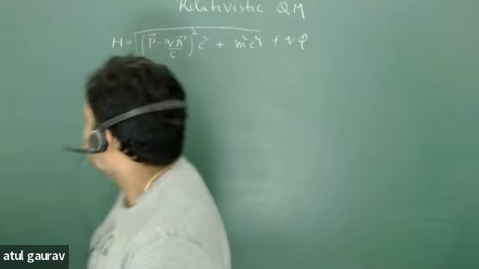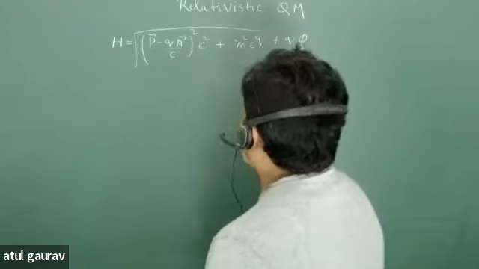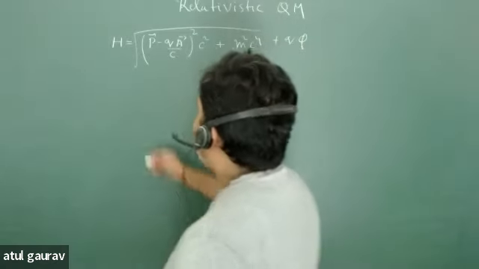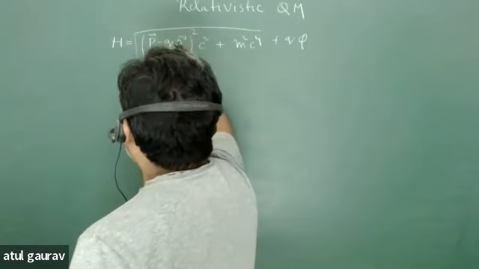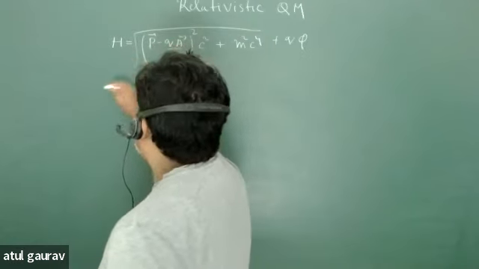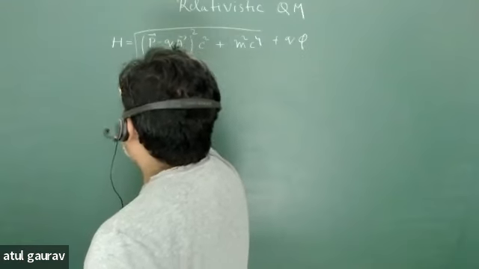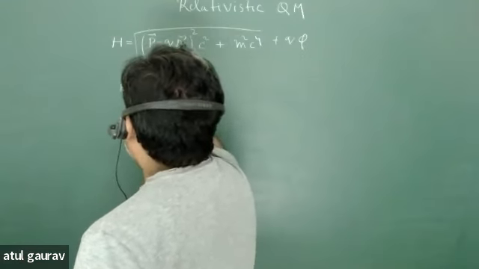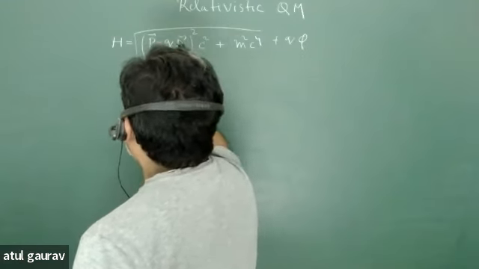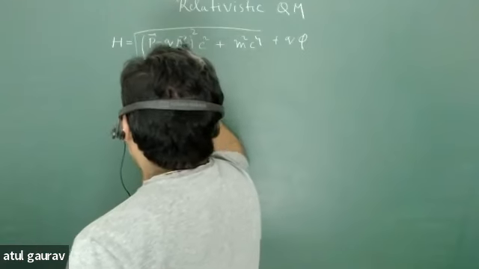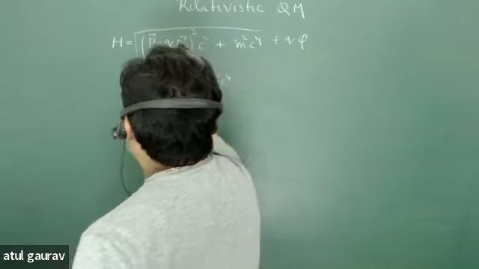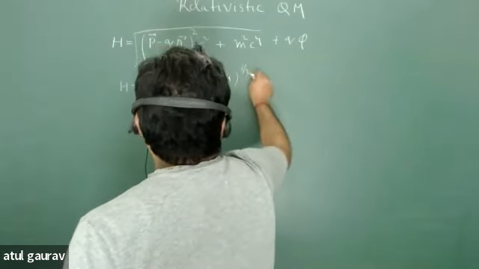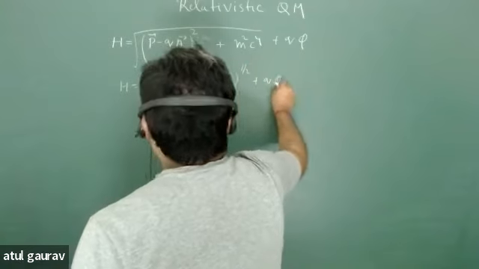So what will be your Dirac Hamiltonian? What will be your Dirac Hamiltonian? Now this thing can be replaced by pi. So you can write H is equal to the square root of pi squared C squared, where pi is a vector, plus M squared C to the power 4, plus Q phi.